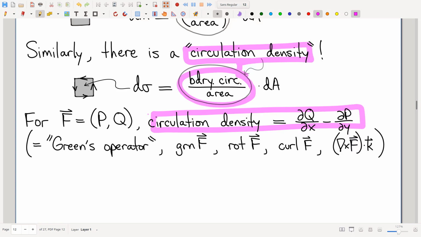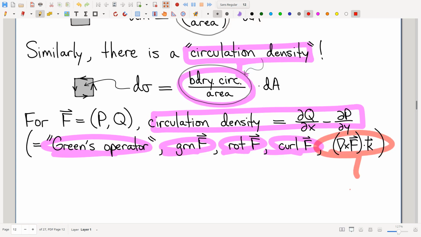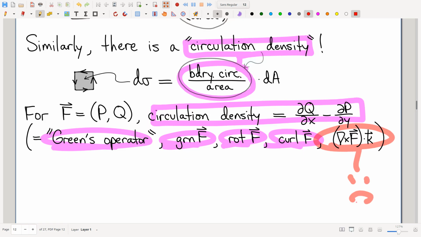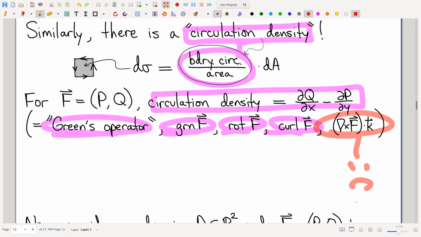This computation, I'm going to call detail from that point of view. You can read it in the book if you like, but it's not really that big of a deal. Various notational options that you can consider. I'm going to color this one here in red and put a frowny face because this one bugs me for reasons that I don't have time to talk about. But there are various different ways that you can write and refer to circulation density.